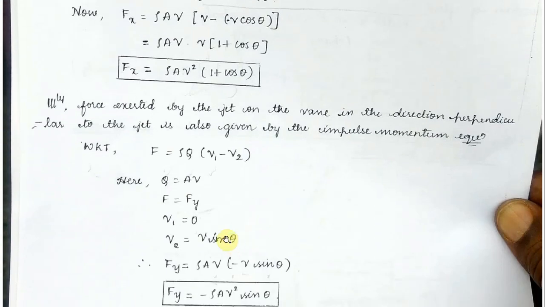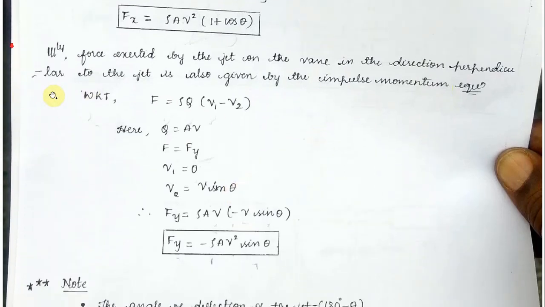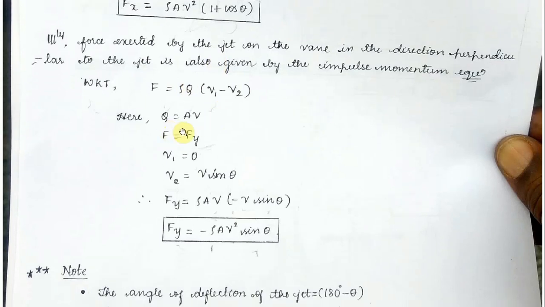Similarly, the force exerted by the jet on the vane in the direction perpendicular to the jet is also given by the impulse moment equation. Before it was in the horizontal direction, 180 degree. Now it is perpendicular, that is 90 degree. Then what will happen? We know that from the force moment equation, F is equal to rho into Q into V1 minus V2. Hence Q is equal to area into velocity.